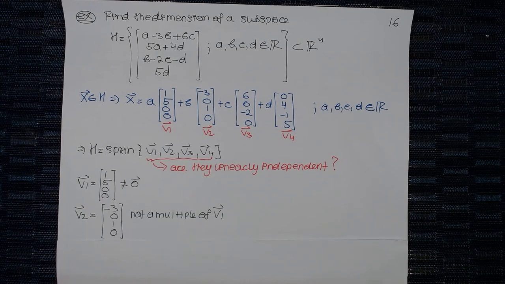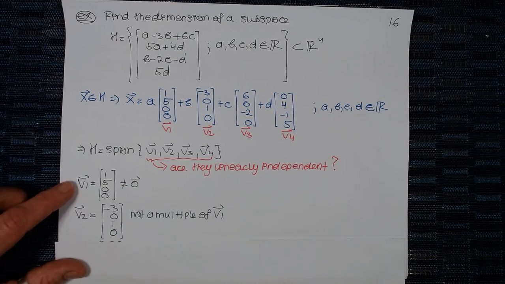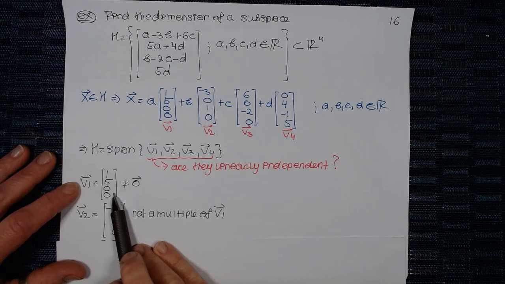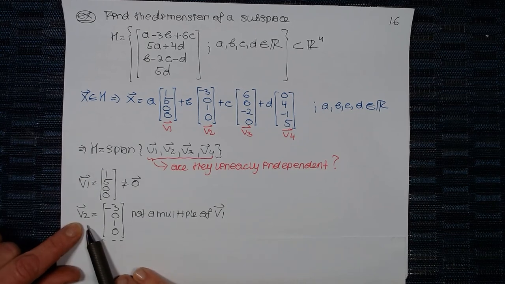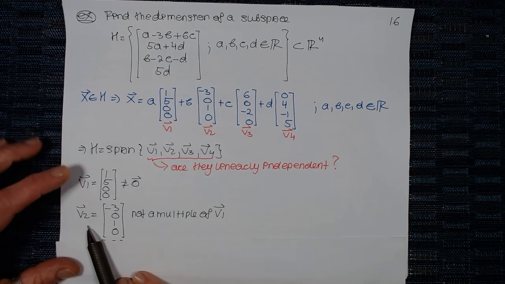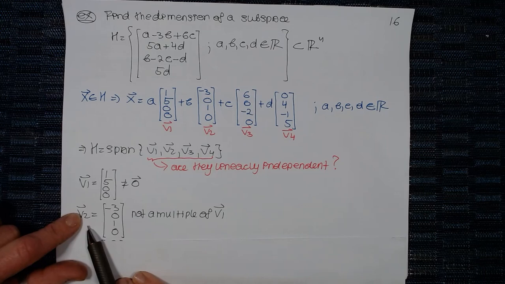Or you can make your life a little easier and start going through them to see if some are linear combinations or multiples of one another. If I start with v1, one vector by itself is linearly independent if it's not equal to 0. So okay, v1 is fine. Then when I go to v2, well, 2 vectors are linearly independent if they're not multiples of one another.